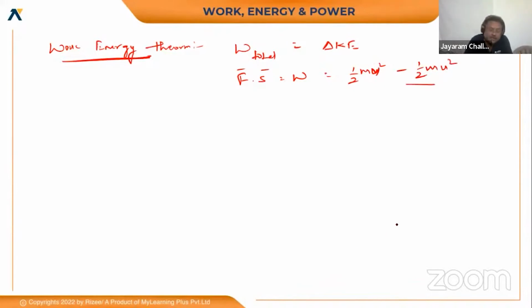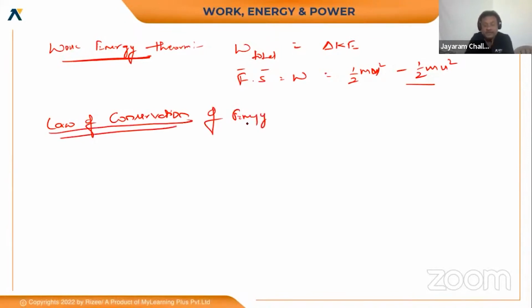So under the work energy theorem conditions, since it's a conservative thing, the law of conservation of energy is this one. That means total energy remains constant.